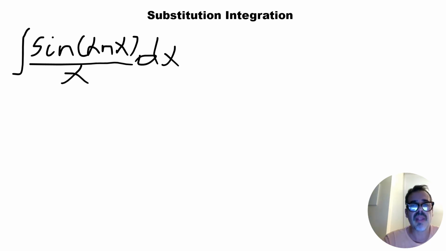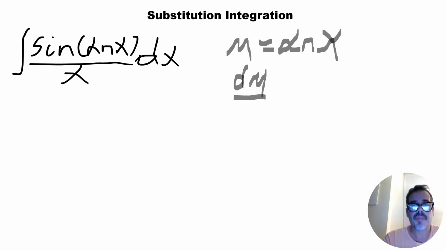Typically, we use the letter u when we're making substitution. So I'm going to call a variable u. I'm going to call it ln x. I'm going to take the derivative of that variable u of x, which is 1 over x.